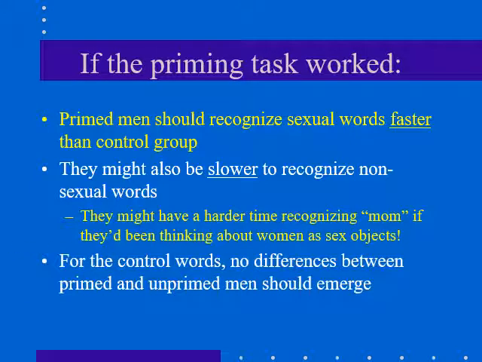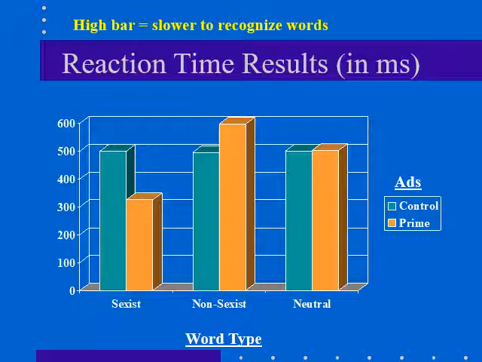For the control words, no differences between primed and unprimed men should emerge. That is, we don't think we're going to be messing up their basic ability to recognize words as words. So words like desk and paper and chair should be recognized about the same.